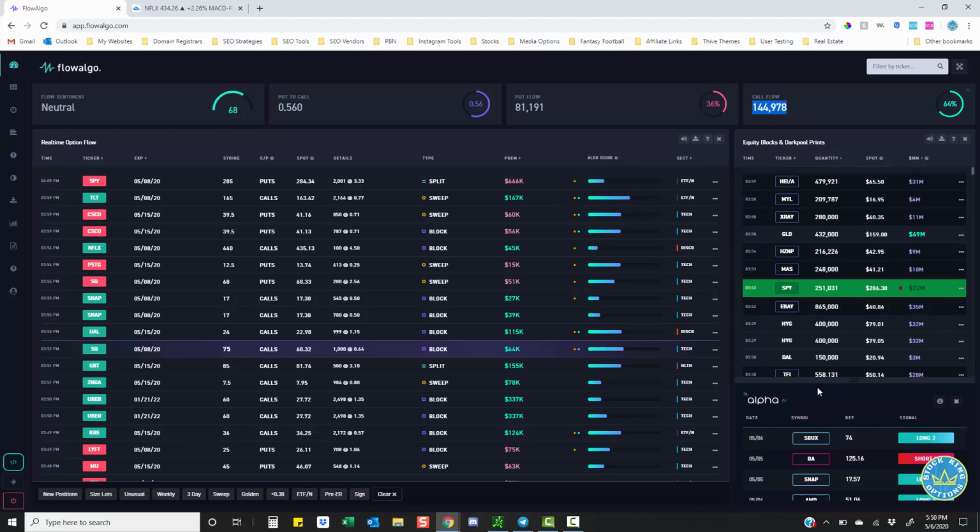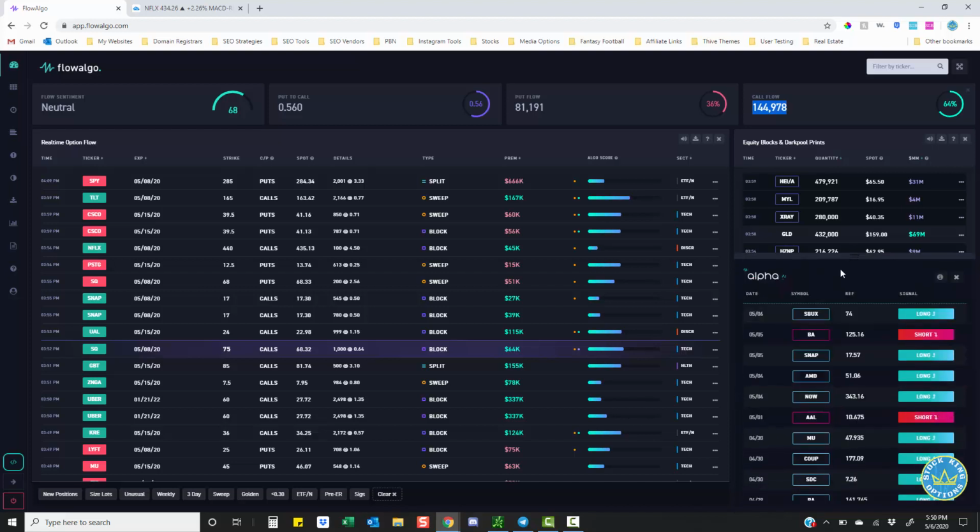This is the dark pool section, which shows the orders trying to take place outside of the market, and the Alpha AI, which we use all the time as something that gives us an idea of what stocks to look at and when to get in.